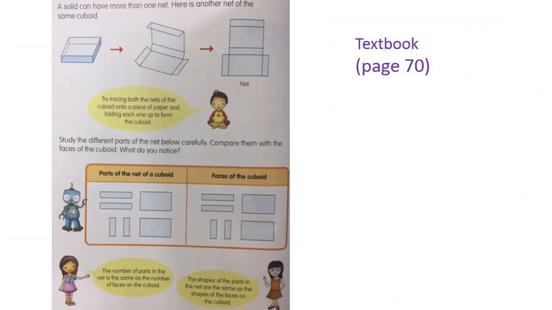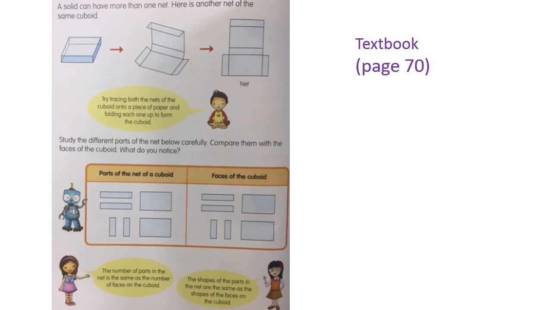Now I want you to look at your textbook, page number 70. Again, a solid can have more than one net. Here is another net of the same cuboid. So there are many ways to form these shapes together. You can arrange these 2D shapes in many ways, not only one way. So you can have more than one net to make the same 3D shape.